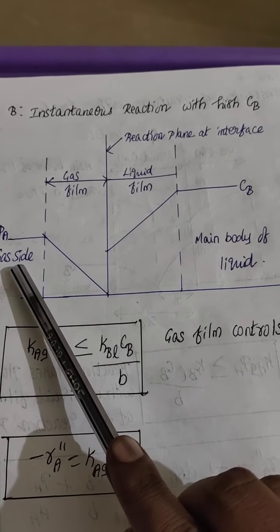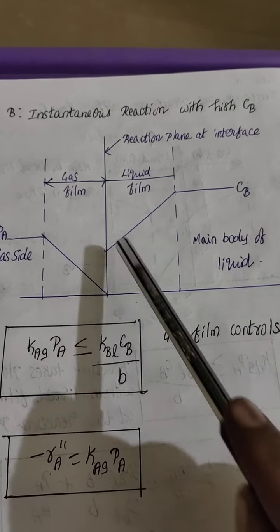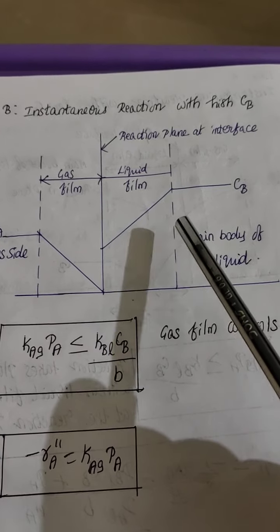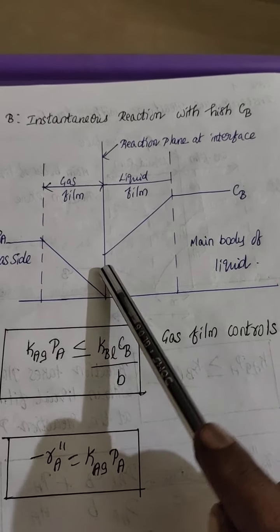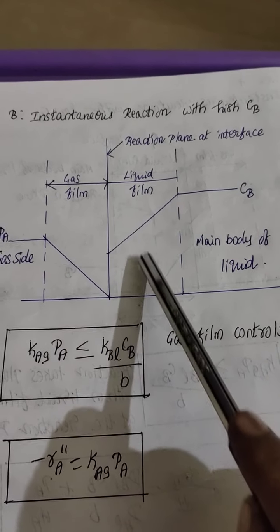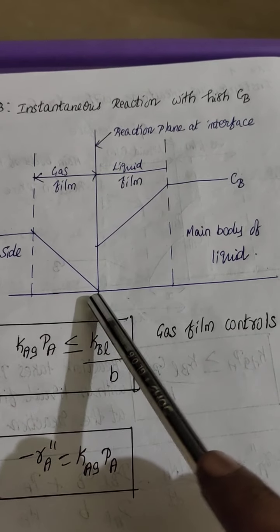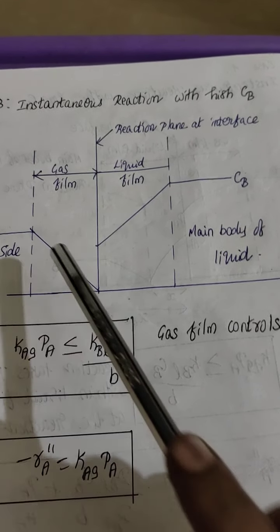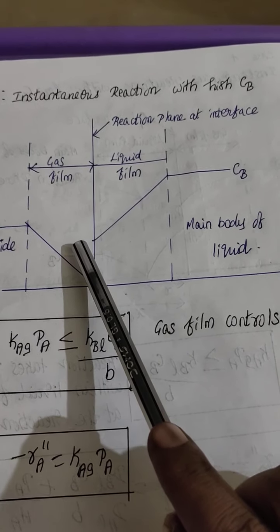The liquid reactant is moving towards the gas liquid interface, that is the reaction plane, and the concentration of B is moving towards the reaction plane at the interface, and the reaction is taking place at the gas liquid interface itself. So here you can say that gas film controls the reaction.